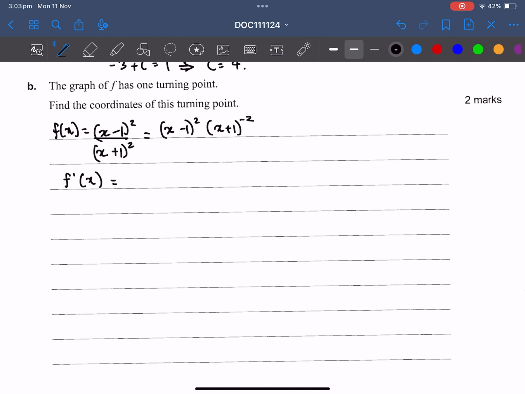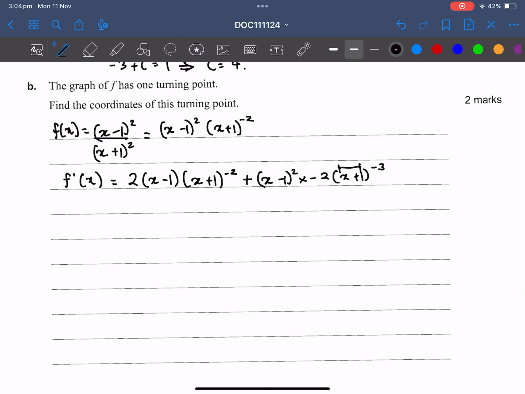So that would become 2(x minus 1) times, well, differentiate the inside, so that's just going to be 1, so I'm not going to write that down, (x plus 1) to the power of minus 2. Now we differentiate the second term, so we get (x minus 1) whole squared, that remains the same, times minus 2 (x plus 1) to the power of minus 3.